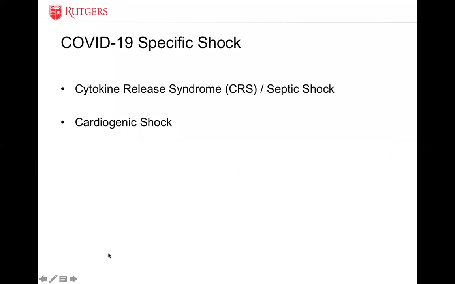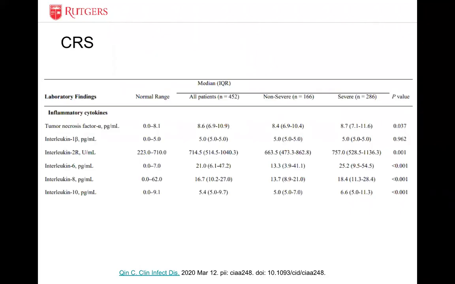All right, so the types of specific shock that we're seeing in COVID-19. We're seeing septic shock. We're seeing something called the cytokine release syndrome. And we're also seeing different forms of cardiogenic shock. All right, cytokine release syndrome is excessive inflammatory cytokine production in these patients with this viral infection.